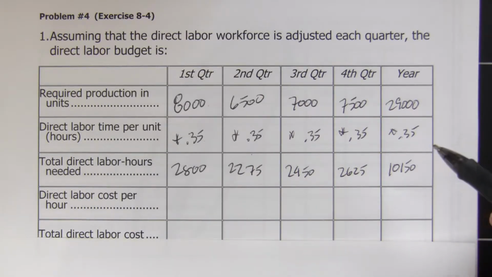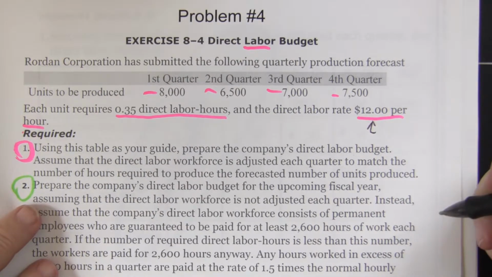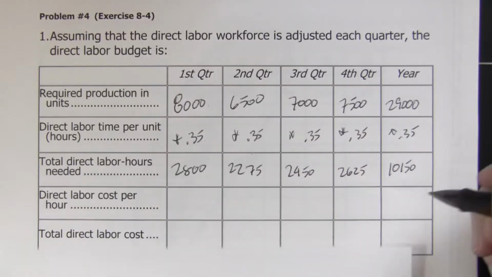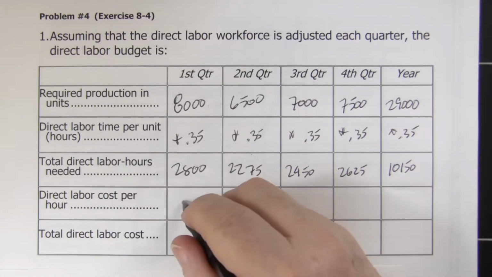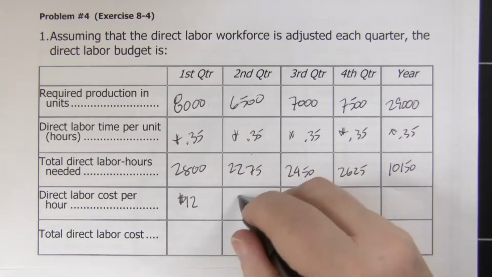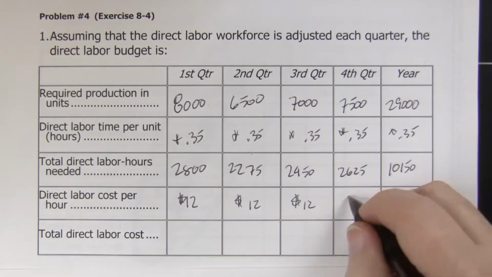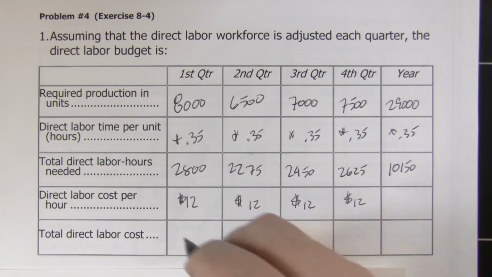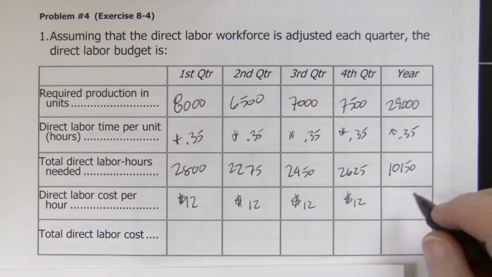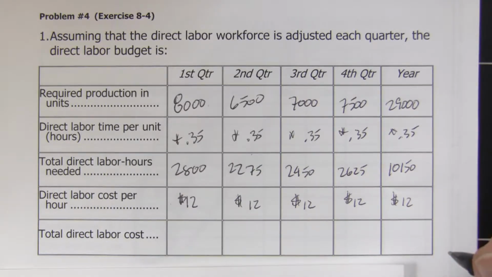The direct labor cost, they tell us, is $12 per hour. So we're going to multiply each one of these by $12 to come up with the total labor cost.